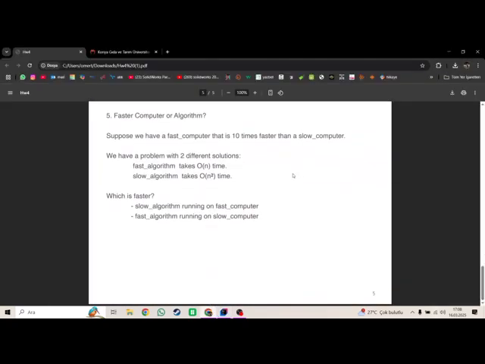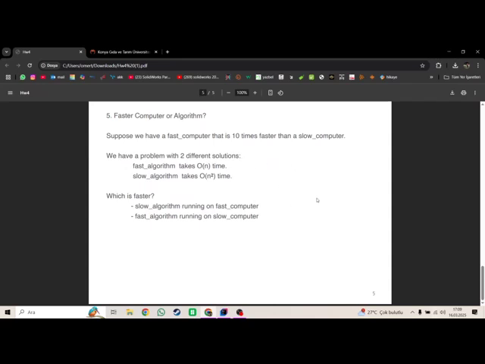let's look at this portion, fast versus slow computer algorithm. You have a fast computer that is 10 times faster than a slow computer.